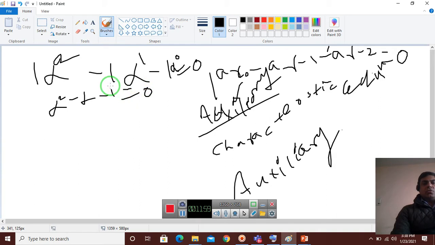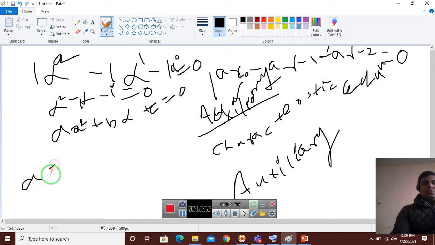The factors of 1 should differ by 1, but that is not possible. So you should compare it with a alpha square plus b alpha plus c equal to 0.